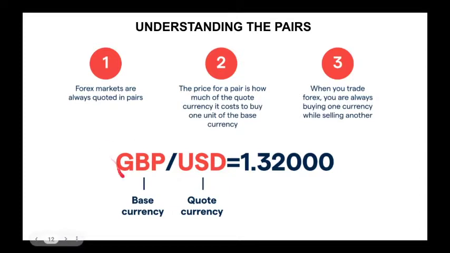Any pair you see, the second currency is always the quote currency. So when you see GBP/USD at 1.32, what this means is that 1 pound is worth 1.32 US dollars. So the price of a pair is how much of the quote currency it costs to buy 1 unit of the base currency.